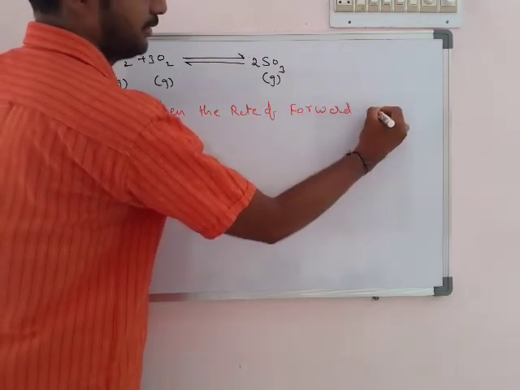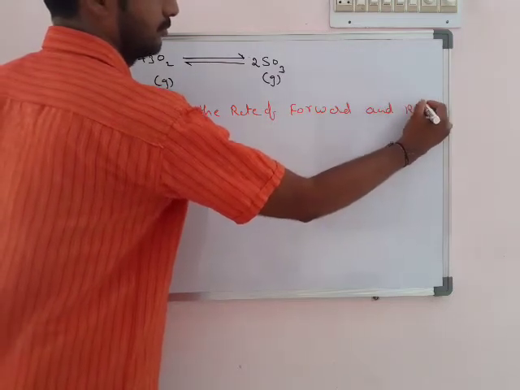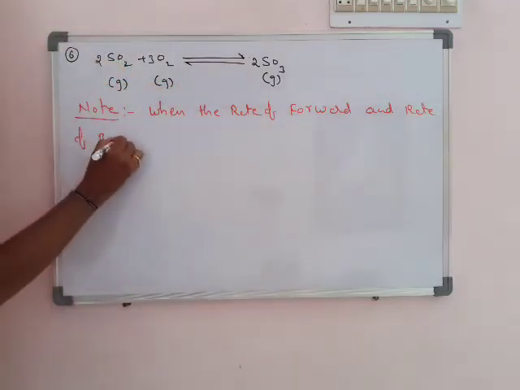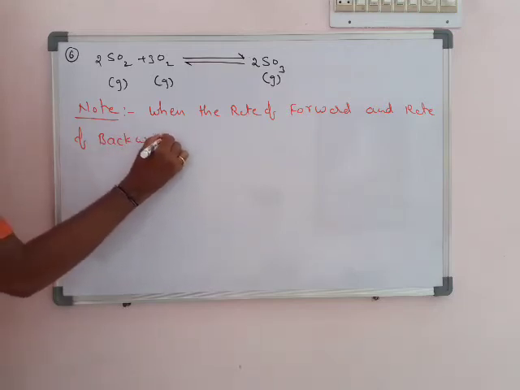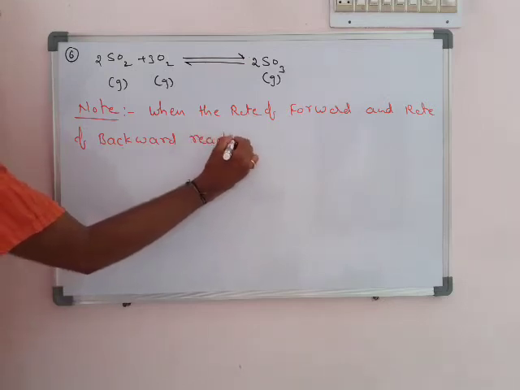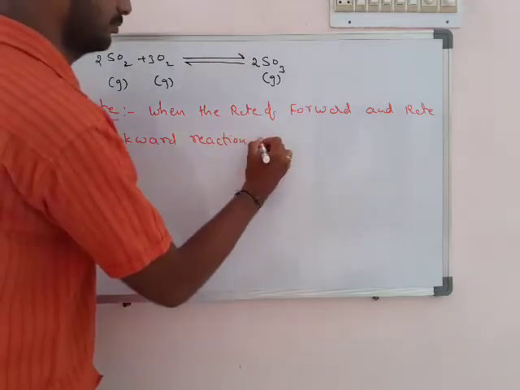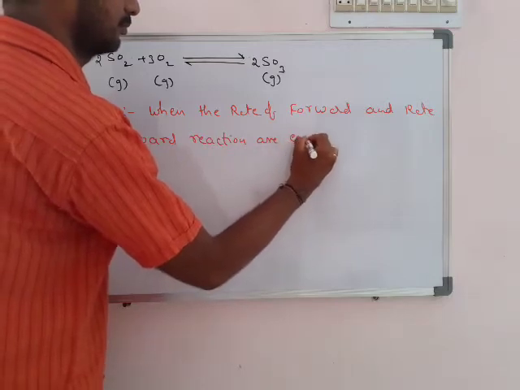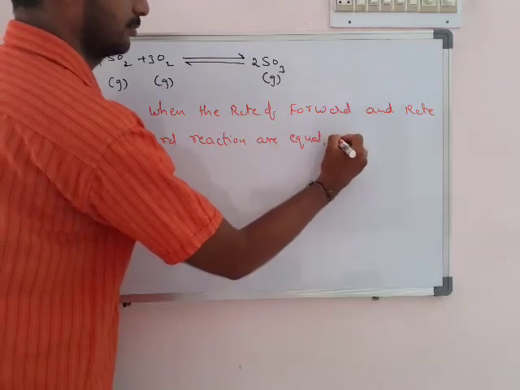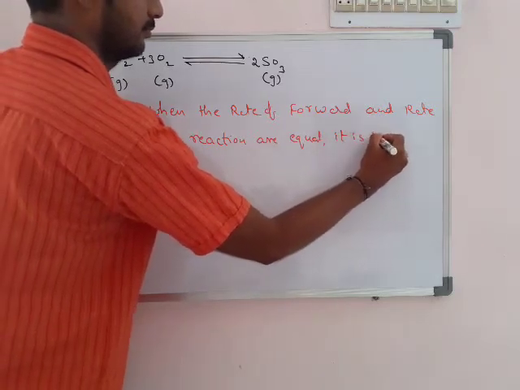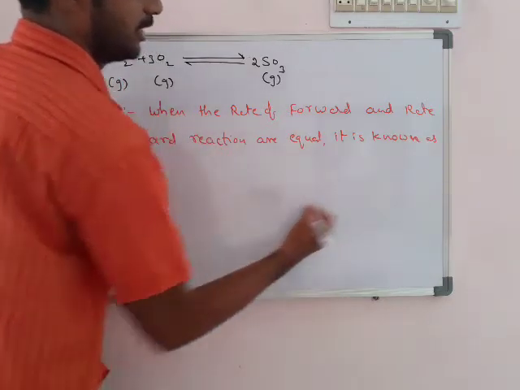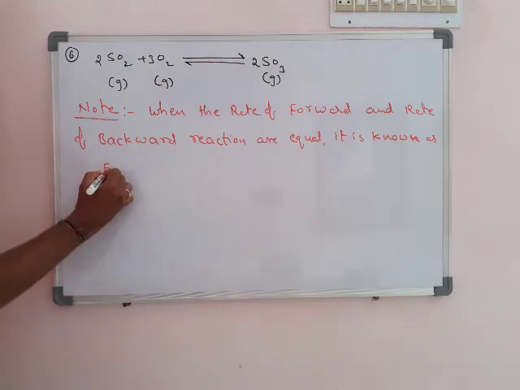When the rate of forward and the rate of backward reactions are equal, it is known as equilibrium.